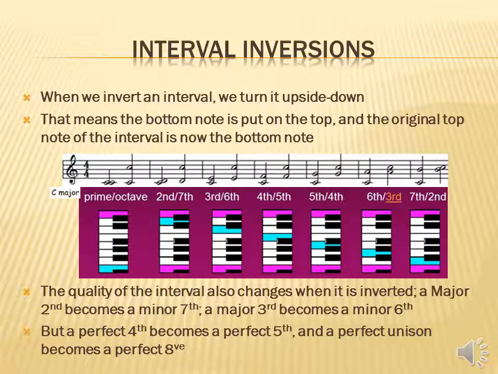A perfect fourth becomes a perfect fifth. A perfect fifth becomes a perfect fourth. A major sixth becomes a minor third. And a major seventh becomes a minor second.